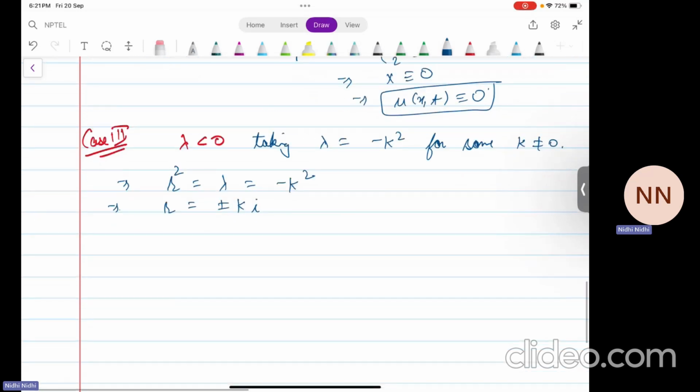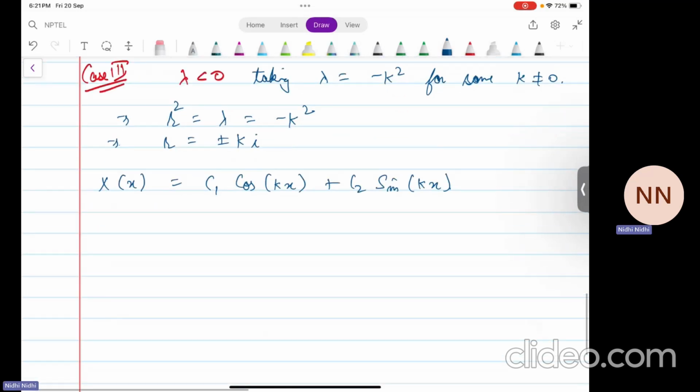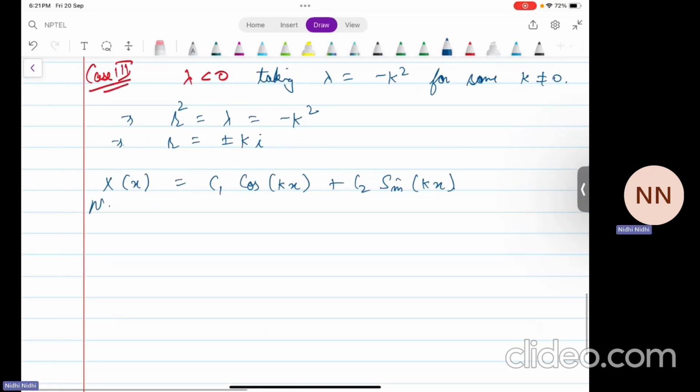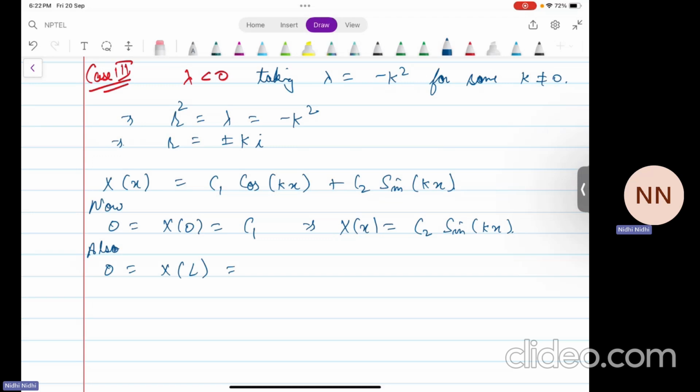And we know that in this case, our solution X is given by c1 cos kx plus c2 sin kx. Now again using the boundary conditions, we have 0 equal to X at 0, which is c1. This implies our function X is just c2 sin kx. Also, we have another boundary condition: 0 is equal to X at L, which is equal to c2 sin kL.